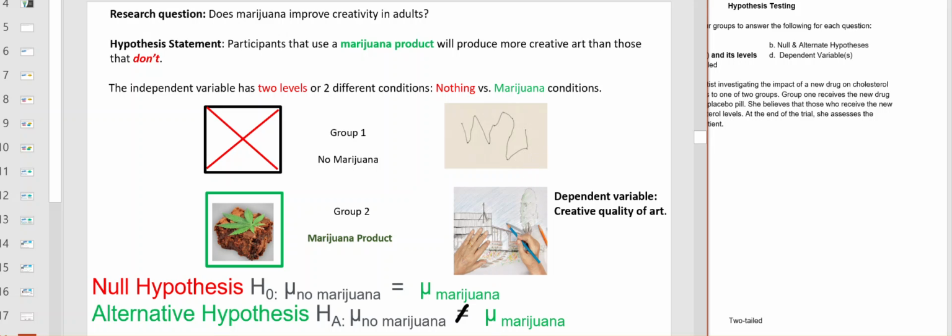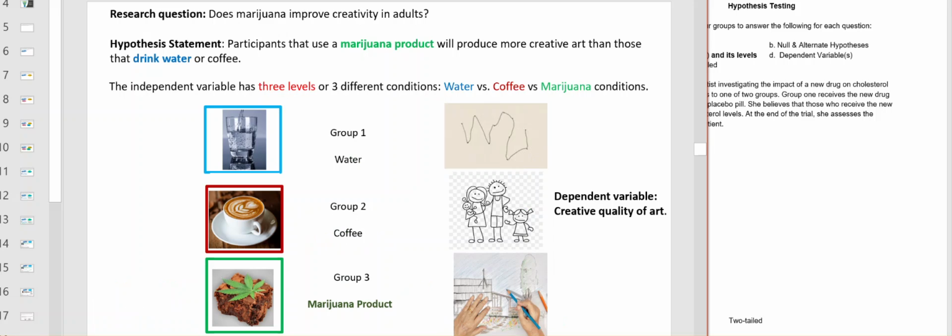So let's go ahead and move on to how else it could look. I was talking about this briefly in the previous video, where if we add water in one condition, and let's say we add coffee in another condition, and then finally we give the marijuana product in the third condition. The independent variable is still one independent variable, but it has three levels to it, three different conditions.